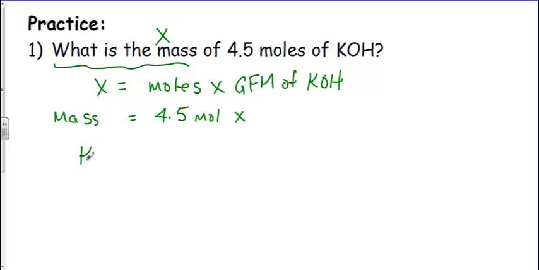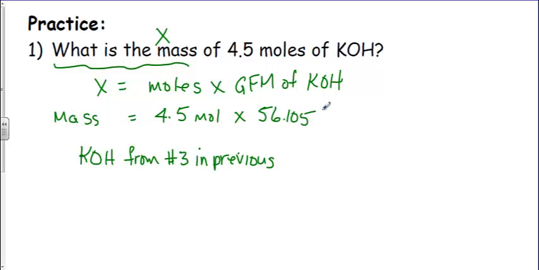So let's figure out KOH. Actually, we have already calculated it in a previous example, number 3. I'm not going to recalculate it. You can go back and do it. It is actually equal to 56.105 grams per mole. When we multiply that out, we are going to get 252.4725.